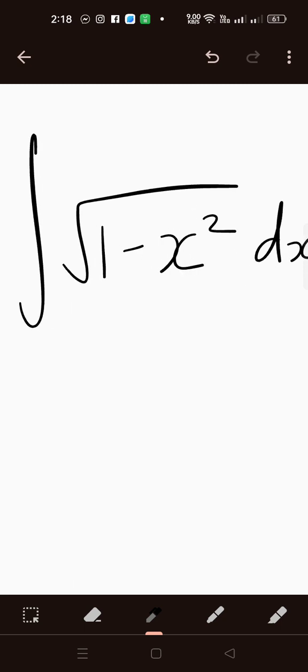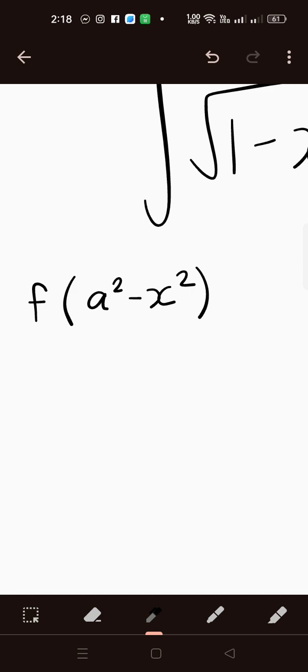In general, if you have something that looks like a squared minus x squared under another function, so I would have an f of a squared minus x squared, for example, f is simply x to the negative 1, so that would be 1 over a squared minus x squared, you would use the substitution x equals a sine theta.